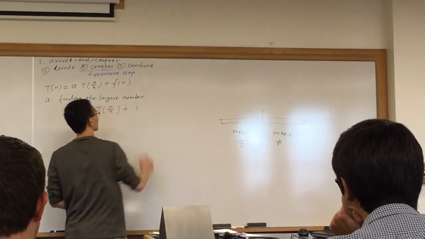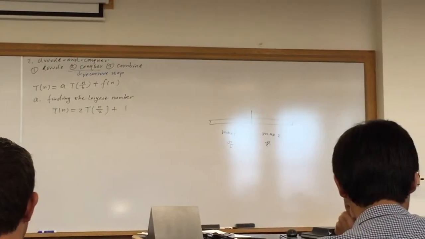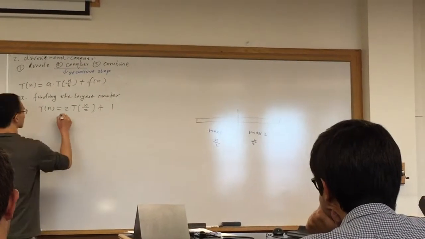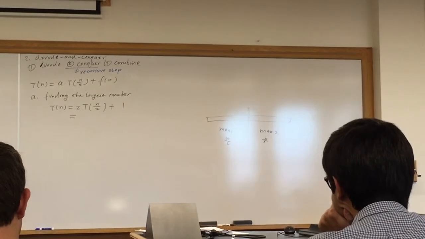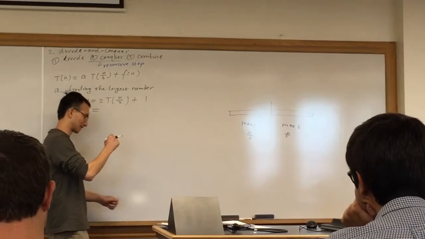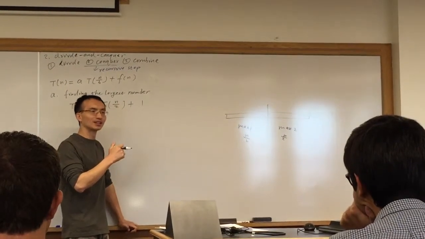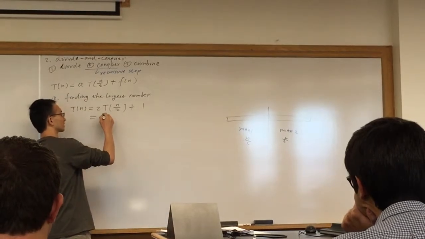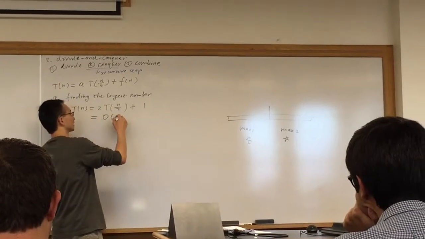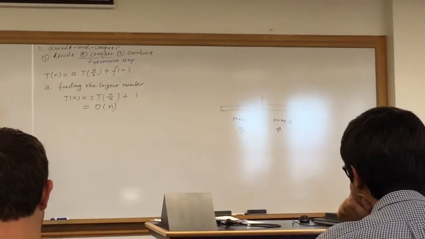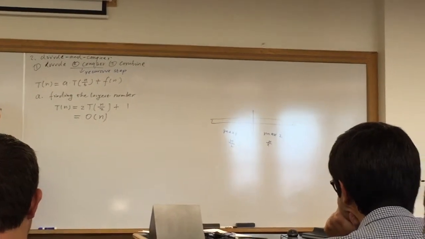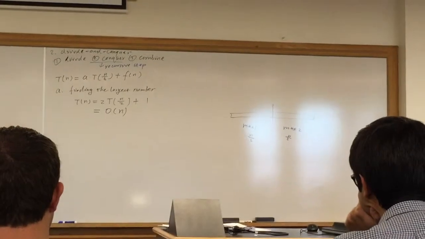So that's the constant. What is the result of this recurrence? Log n or n? You cannot do that in log n, because finding the largest number takes at least linear time.